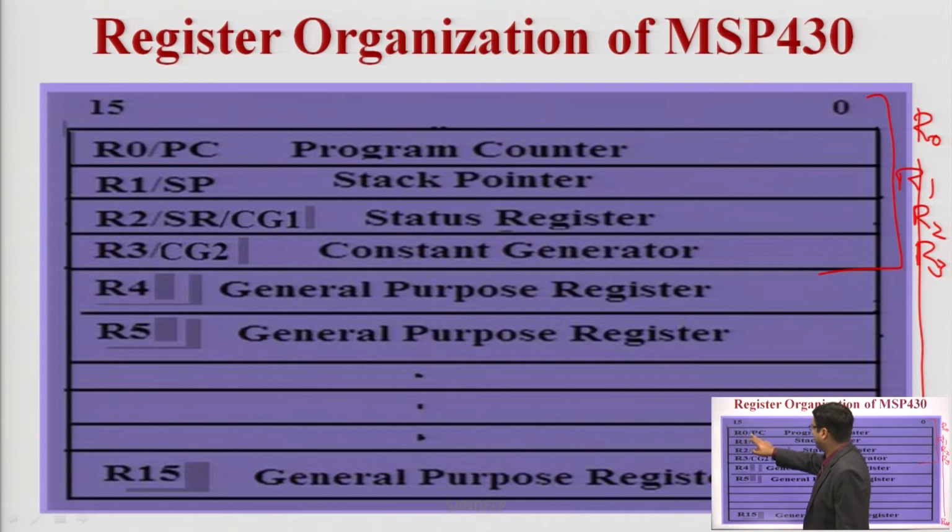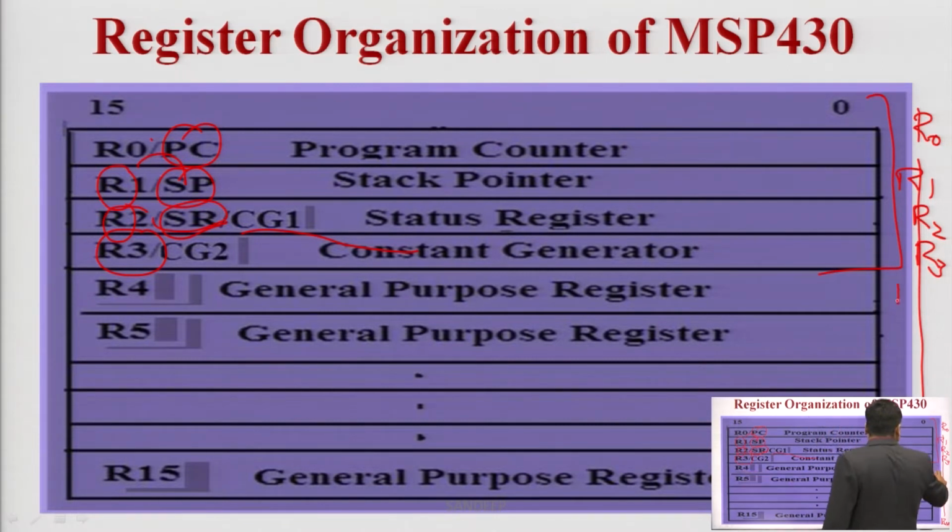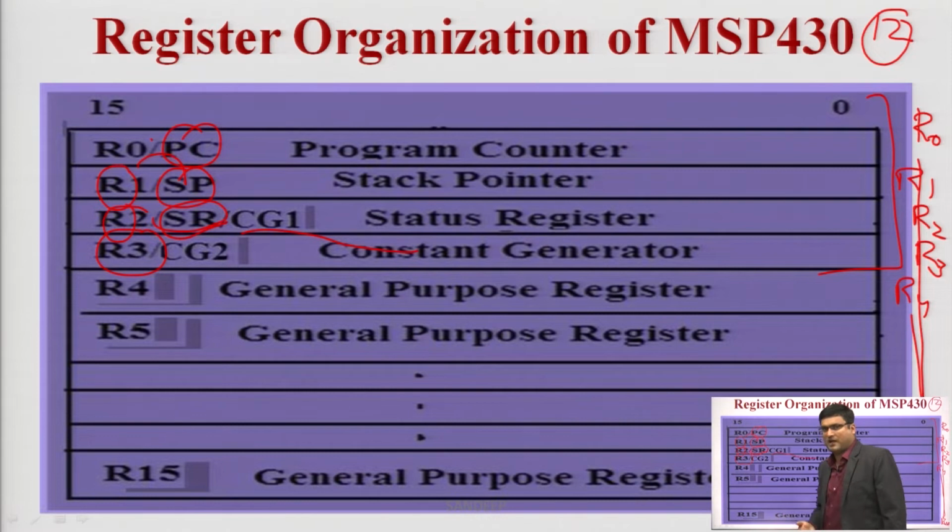R0 is dedicated to the program counter, R1 to the stack pointer, R2 to the status register, and R3 to the constant generator. The others, from R4 to R15, a total of 12 registers, are available for general purpose. So 12 general purpose registers are available in our MSP430.